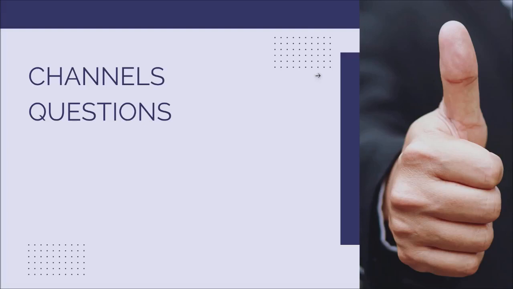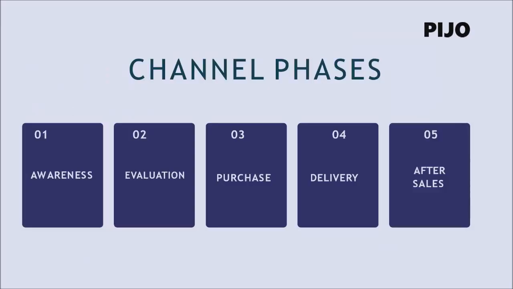To choose which channel works best, one should know and understand their customers. So for example, if your startup business target customers are teenagers, social media will be a great channel to reach your customers. Channel phases. There are 5 types of channel phases.